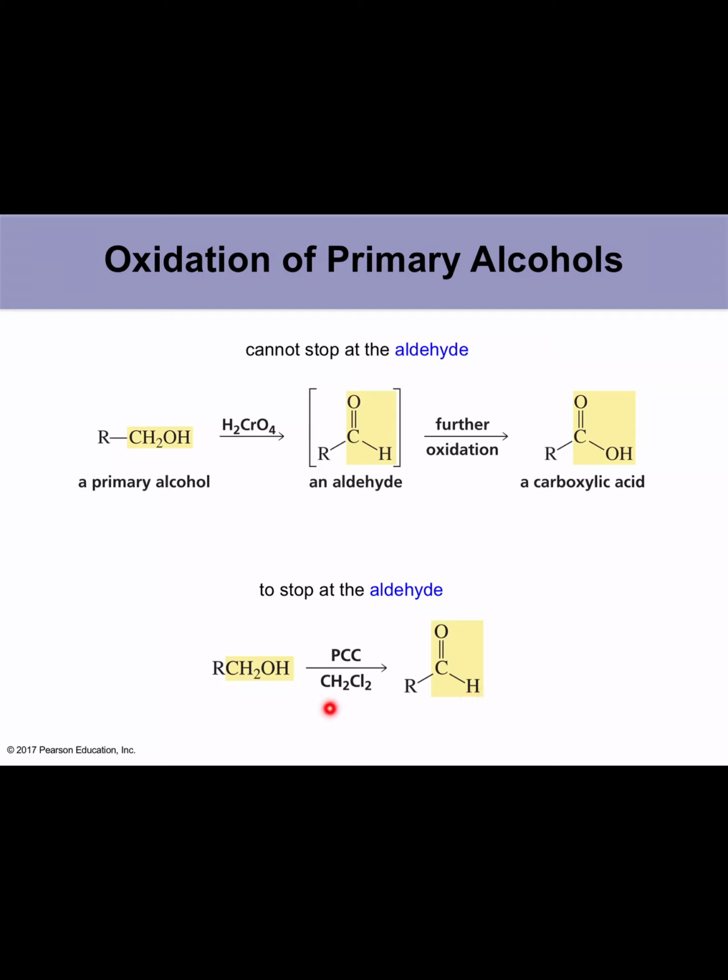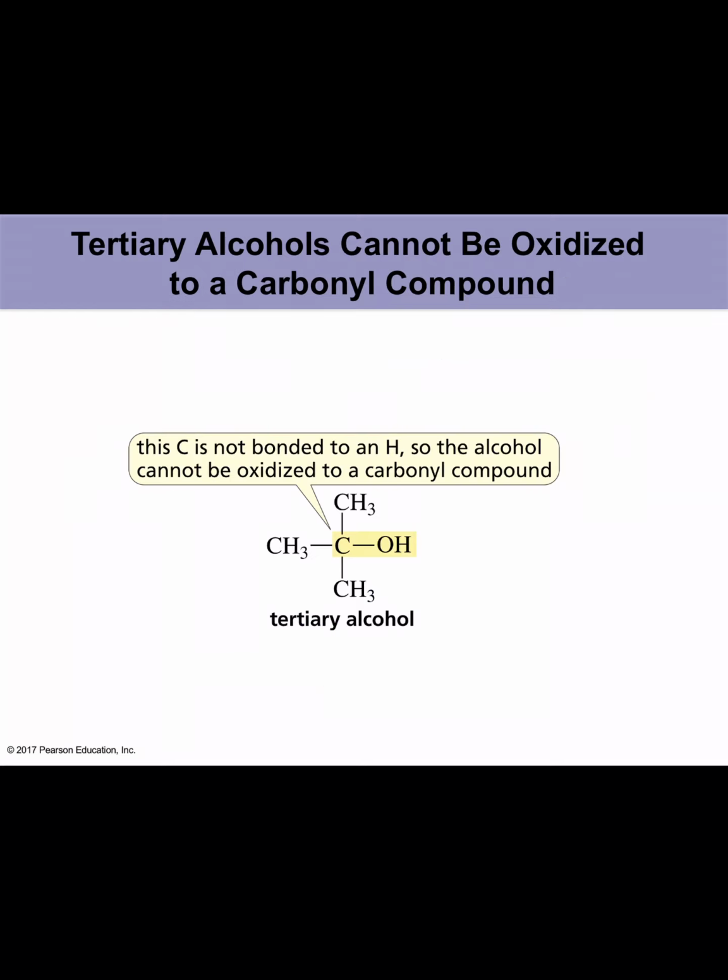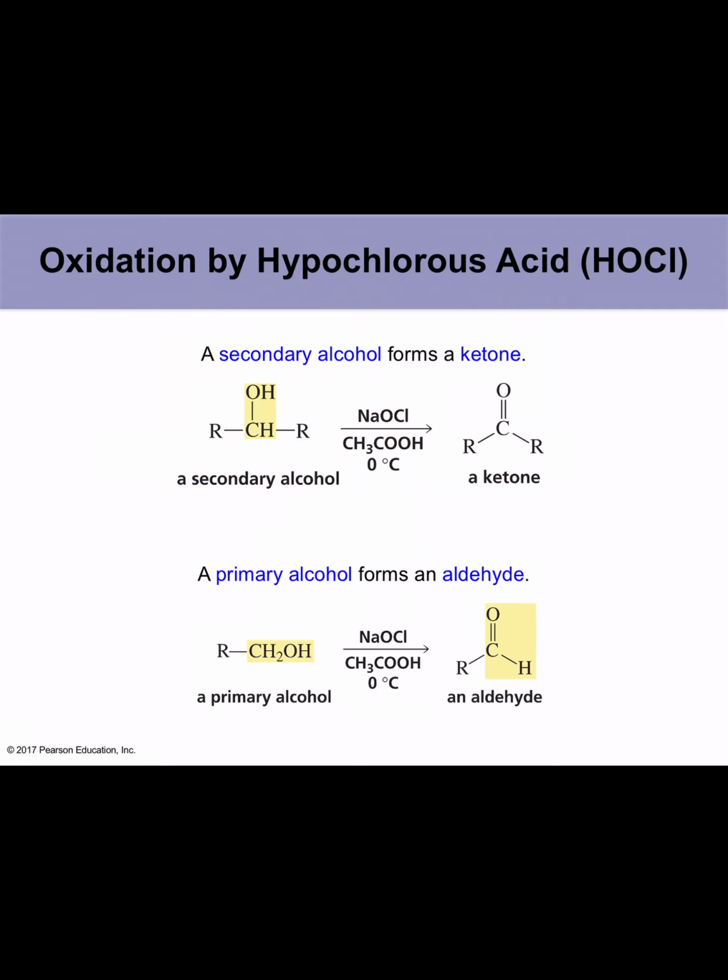If you use chromic acid, it will go all the way to carboxylic acids. Tertiary alcohols normally cannot be oxidized further, because to make a double bond to oxygen, you would have to break one of these methyl groups. This carbon is not bonded to a hydrogen, so the alcohol cannot be oxidized to a carbonyl compound.